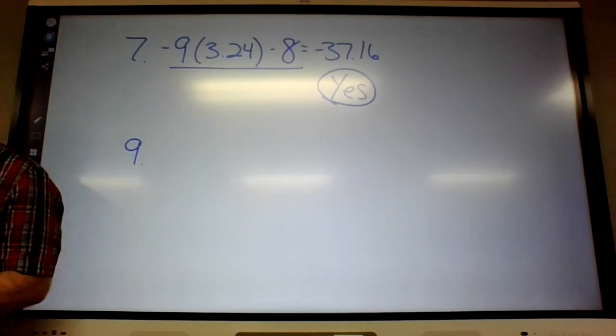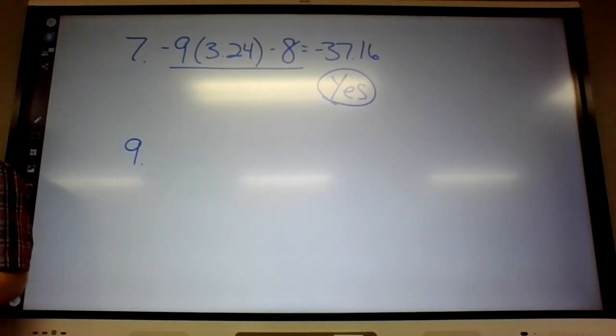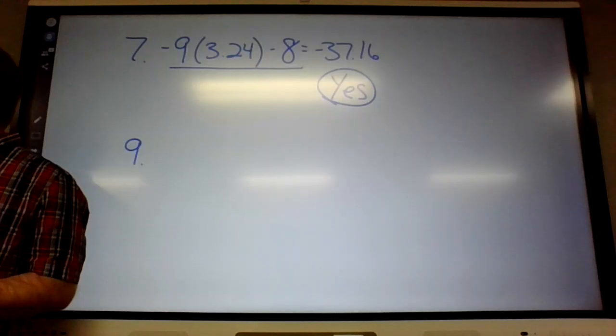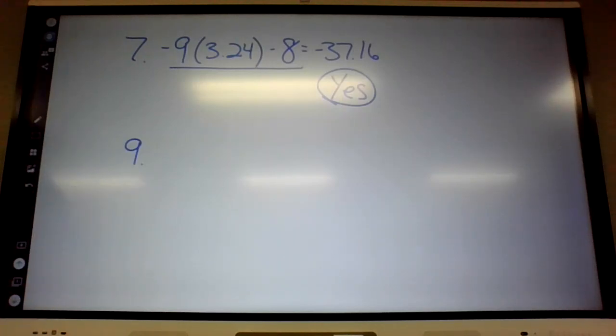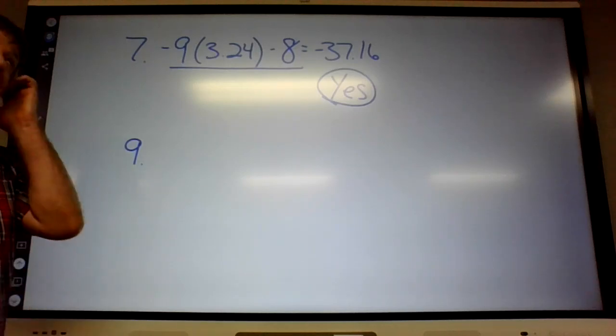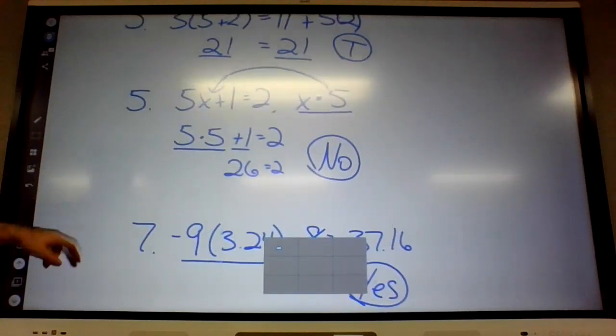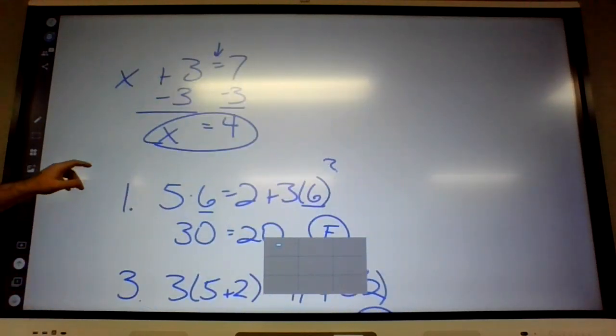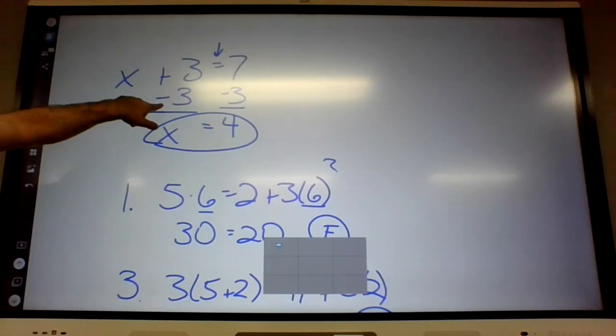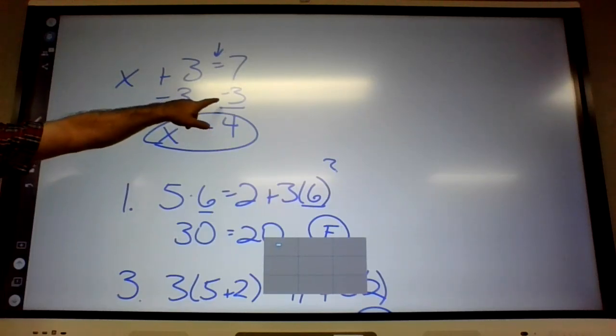Okay, number 9. Make sure you follow the directions on number 9. It says what should be done to both sides of each equation to solve. Name the property. We're not going to name the property of equality. I'll mention what they mean, but I don't think it's that important. Back on my first example, we subtracted 3 on both sides.